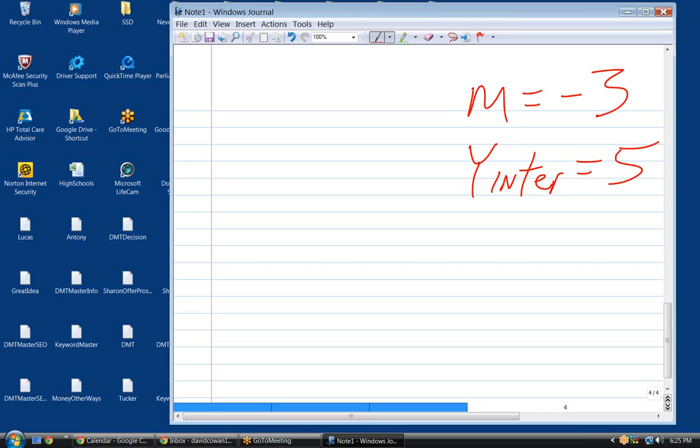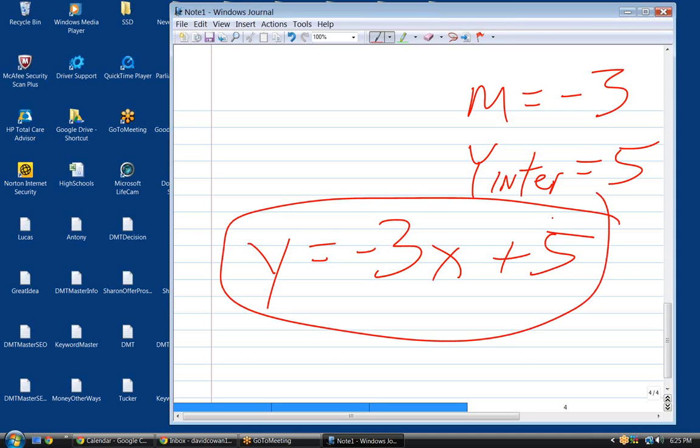What's the equation of that line? Y equals negative 3x plus 5. Yeah, we wish they always gave it to us like that. That's the only 3 ways I can think of that they would mix it up.